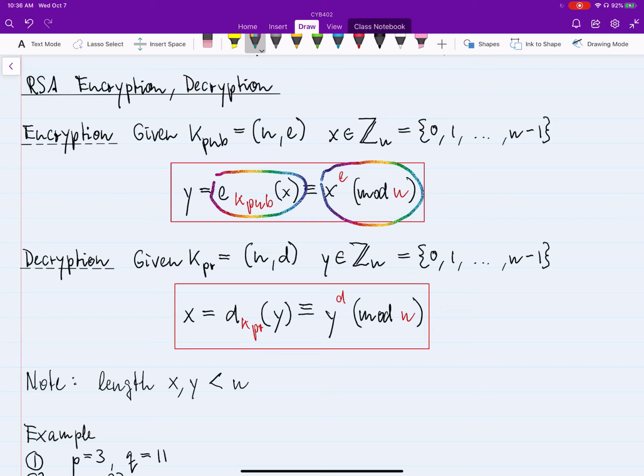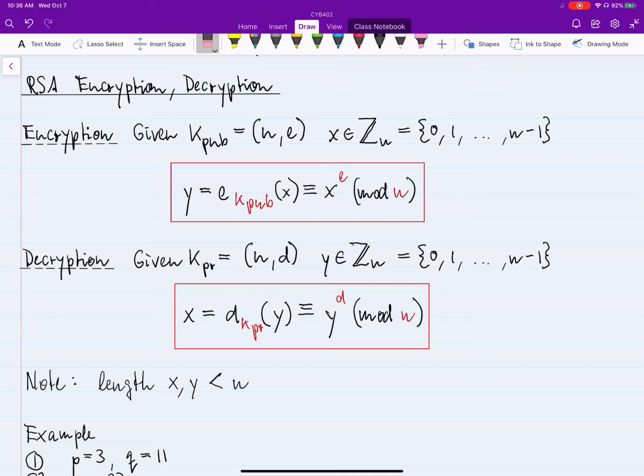What you see from that, because of the modulo n operation, is that the length of x and consequently also of y is smaller than n. So x can only have a length up to n minus 1. Otherwise, this algorithm doesn't work.